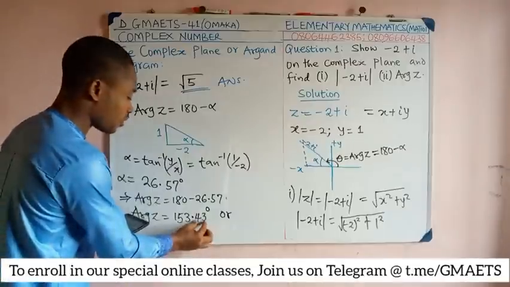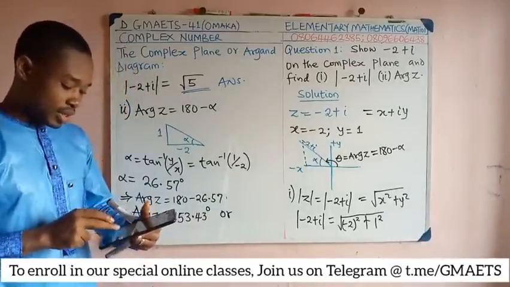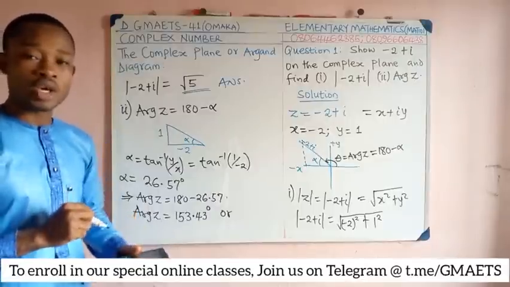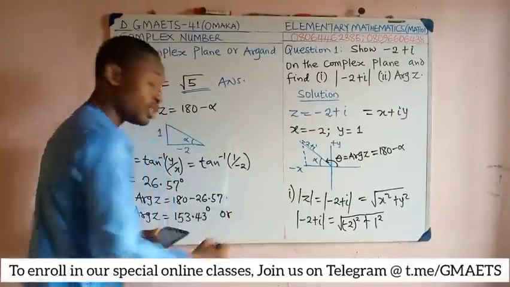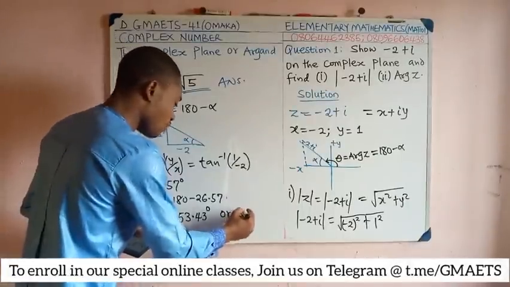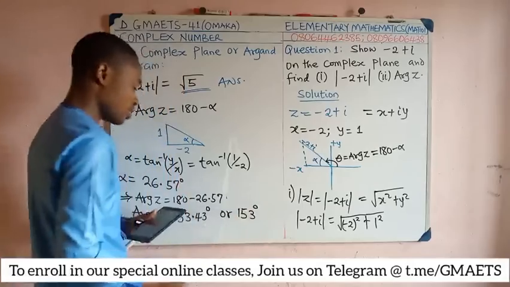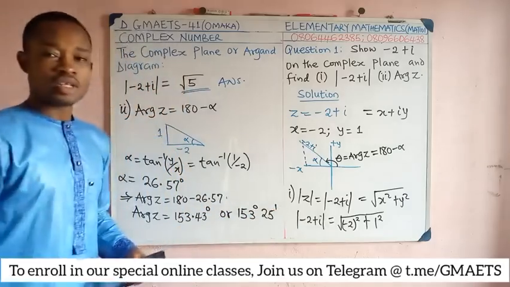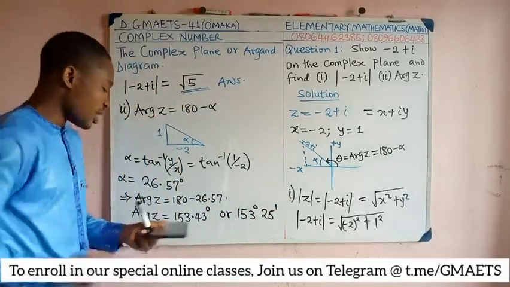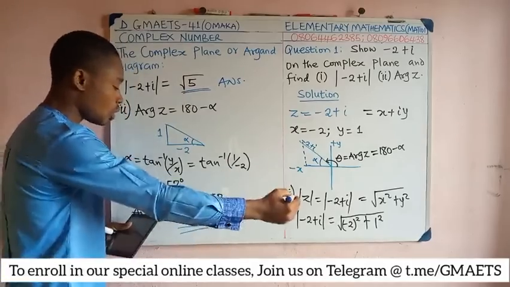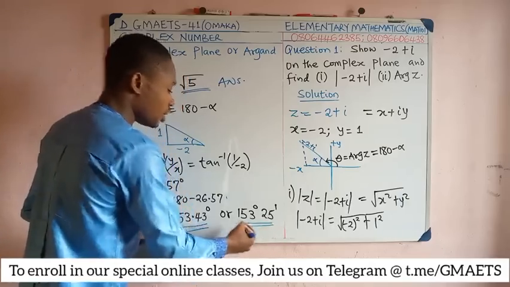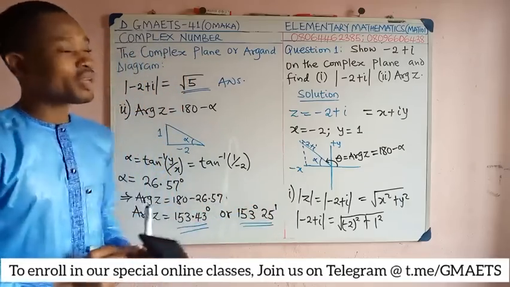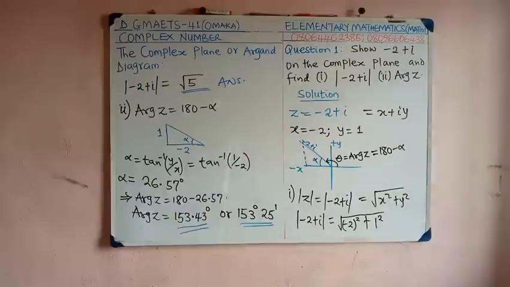So I'm picking 0.43 times 60. And from here it's giving me 25.8. That 25.8, simply pick the whole number part, which is approximately 26. In fact, 25, because we're picking just the whole part, 25 minutes. So this is going to give us 153 degrees, 25 minutes. Does that make sense? Therefore, the result can either be 153.43 degrees or it can be 153 degrees, 25 minutes. So that is the argument of z for this question.